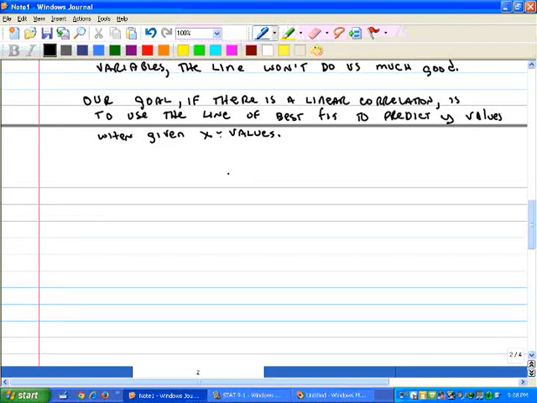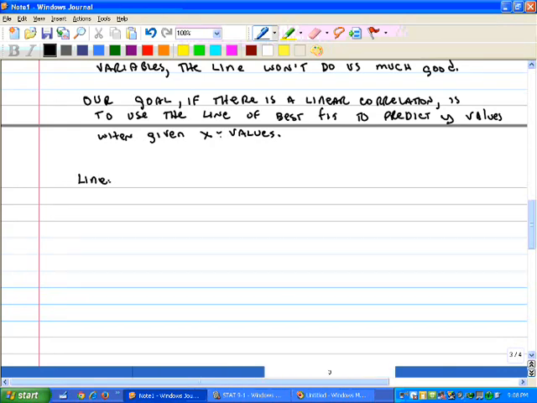Now we'll learn to use our calculator to do a linear regression when we're given a data set. Using the calculator, we do this linear regression.